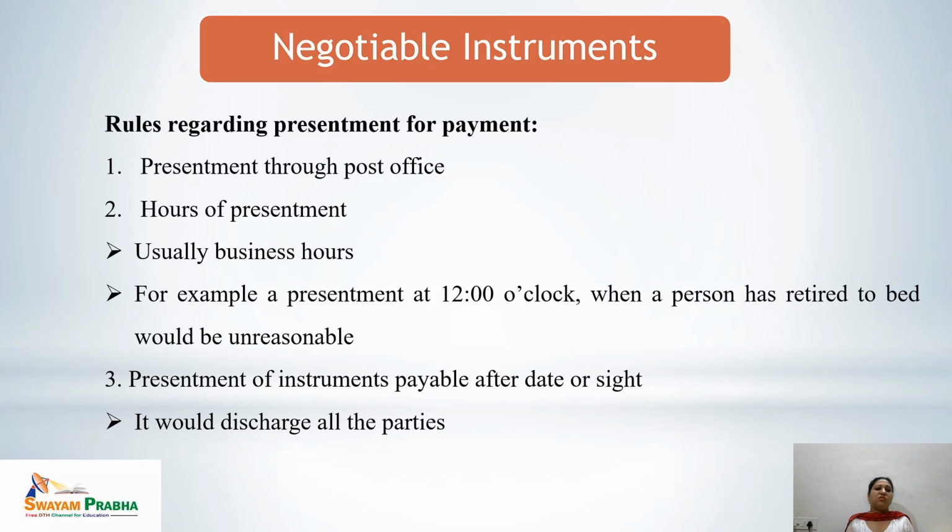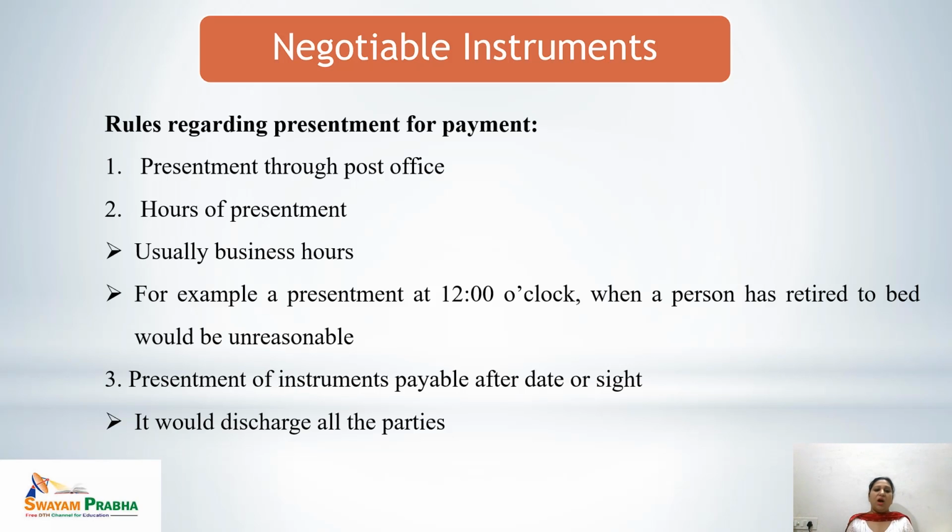Next, we will discuss rules regarding presentment for payment. When any negotiable instrument is presented for payment, what are the rules? Presentment through post office: the presentment for payment can be done through the post office, and the negotiable instrument can be posted.